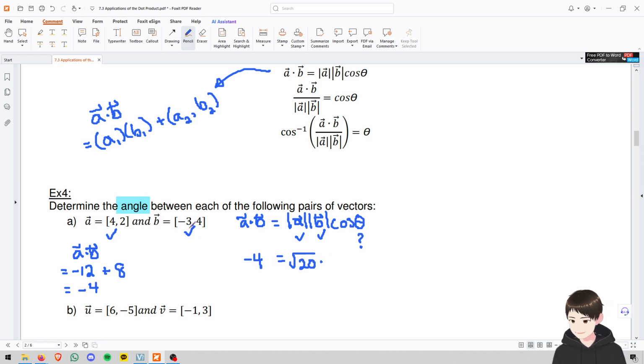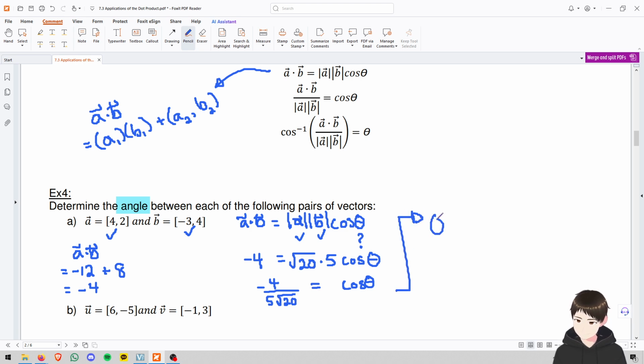The magnitude of b, 9 plus 16, 5, cosine theta. The rest is history. Isolate cosine theta by dividing all of the sides by 5 root 20. That means the angle is going to be the inverse cosine of -4 over 5 root 20.